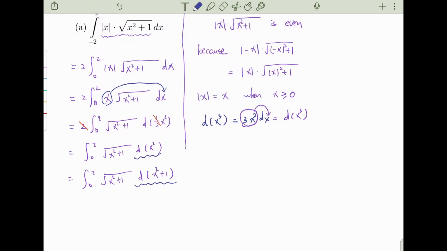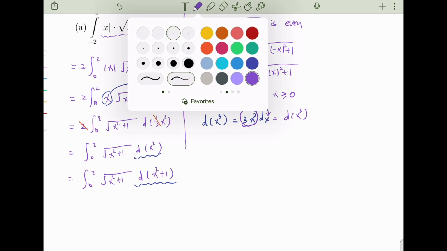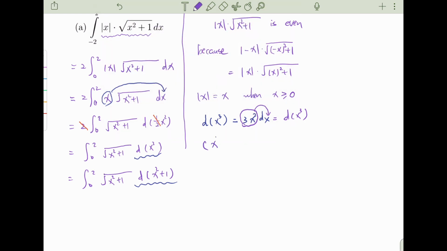This thing is the same as dx squared. That is because, like I said, what the differential sign does here is it takes the derivative of the expression inside the bracket. And we know that the derivative of 1 is 0. So it does not matter if you add a constant to the bracket. The derivative of x squared is the same as the derivative of x squared plus 1. That is what this means here.